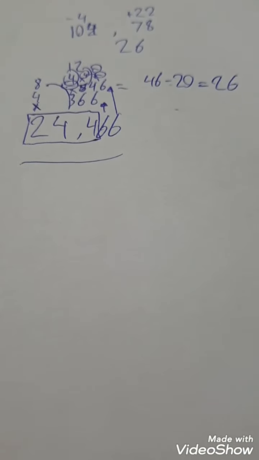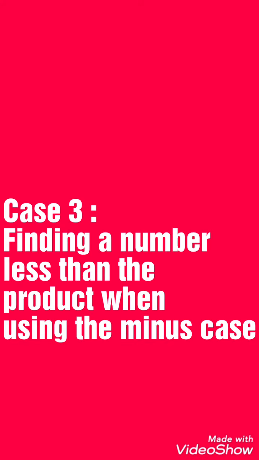They are nearly the same. So now we will go to the third case, which is when you are using the minus method and the next two digits are less than the product of the first number.